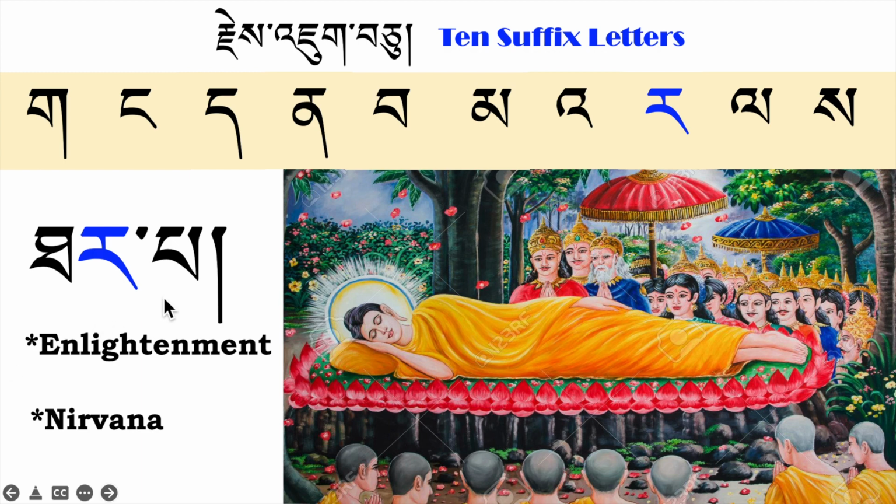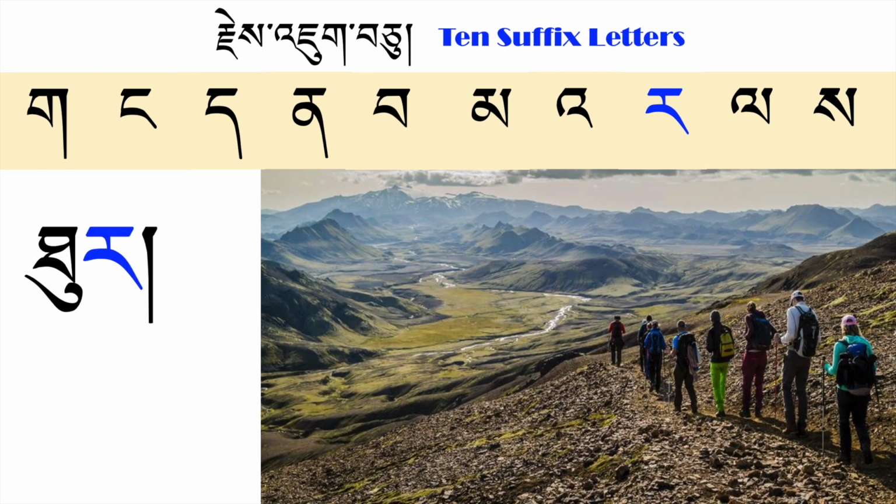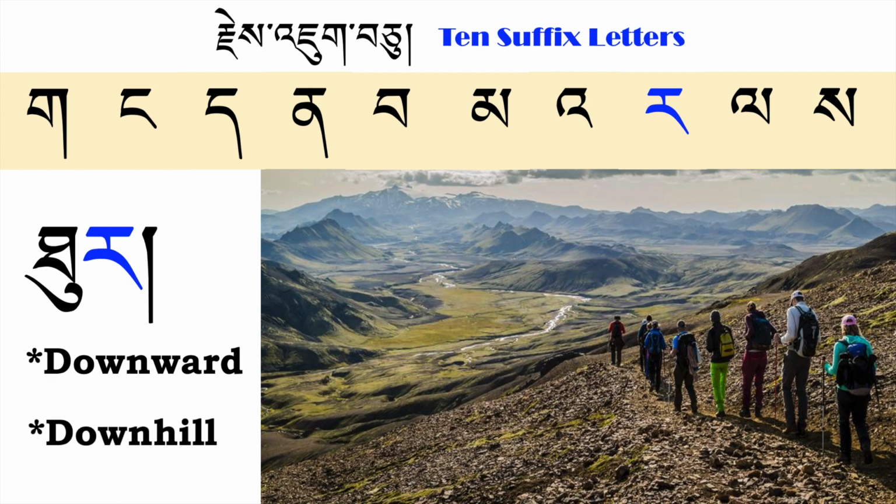So this tarpa is literally explaining that when you are free from samsara, you attain nirvana or enlightenment. Next one, tur, meaning downward or downhill.